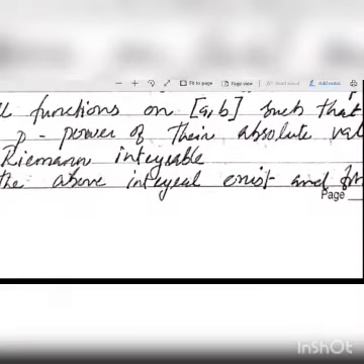So the above integral exists and that is finite.